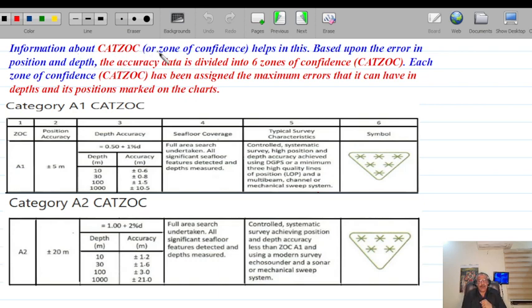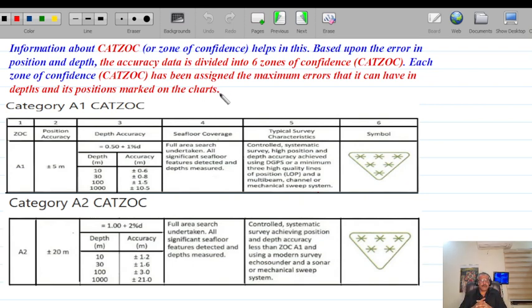Information about the CATZOC, or zone of confidence, helps in this. Based upon the error in the position and the depth, the accuracy of the data is divided into 6 zones of confidence, that is CATZOC. Each zone of confidence has been assigned a maximum error that it can have in the depth and its position marked on the charts respectively.